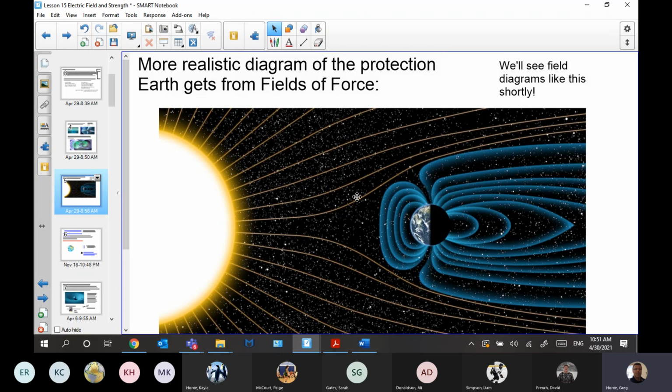So you picture little arrows along here all the way. A particle right there would have an arrow pointed like this, meaning it's accelerating off to the side, accelerating off to the side. So it actually deflects the particles that are coming from the sun and makes them not even hit the Earth. Now, of course, some do hit the Earth, but not nearly as many as if we didn't have fields.